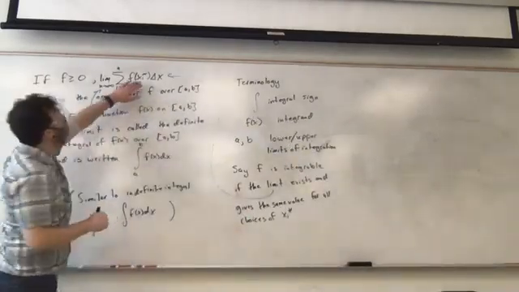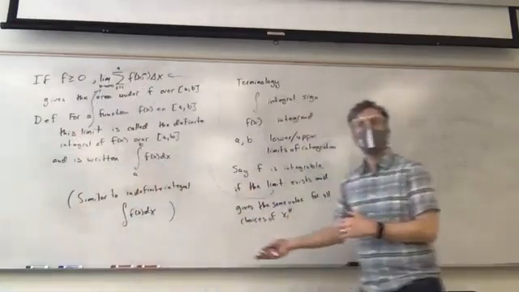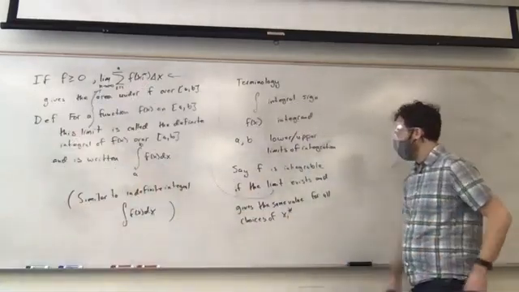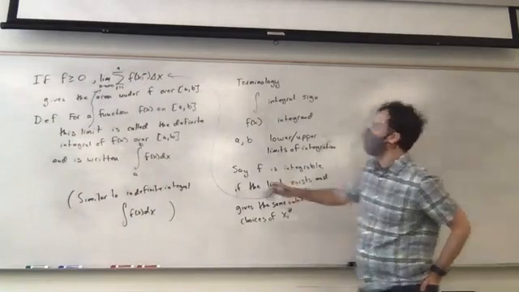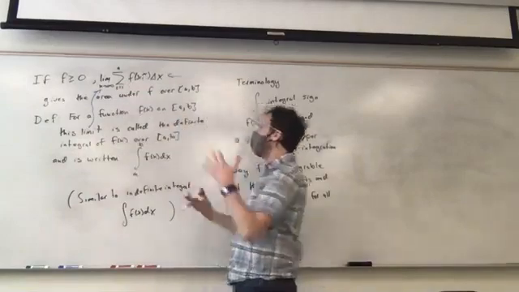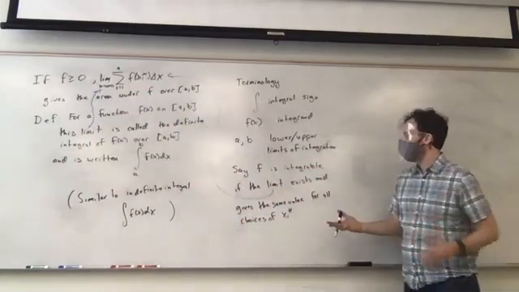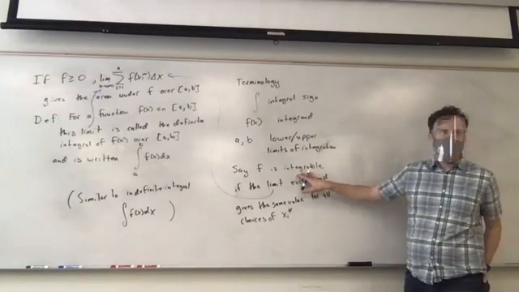So for every way of choosing these test points, left endpoints, right endpoints, midpoints, something in the middle, no matter how you choose those test points, if this limit always exists and always gives you the same number, then we'll say this function is integrable. And the integrable ones are the functions that have an area.